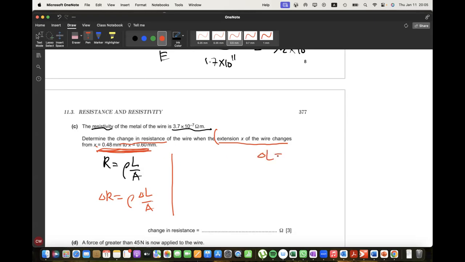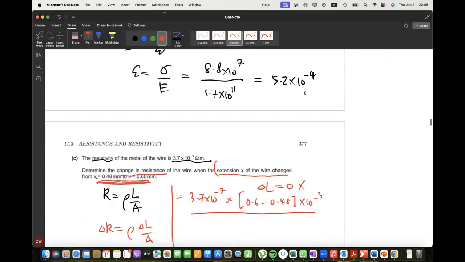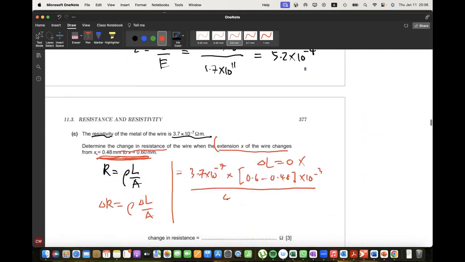That means the change in L is actually the change in extension. So delta L is this number minus this number: 0.6 minus 0.48, divided by the area. So what is the area? This number, 4.1 times 10 to the power -7. So what is the answer now?